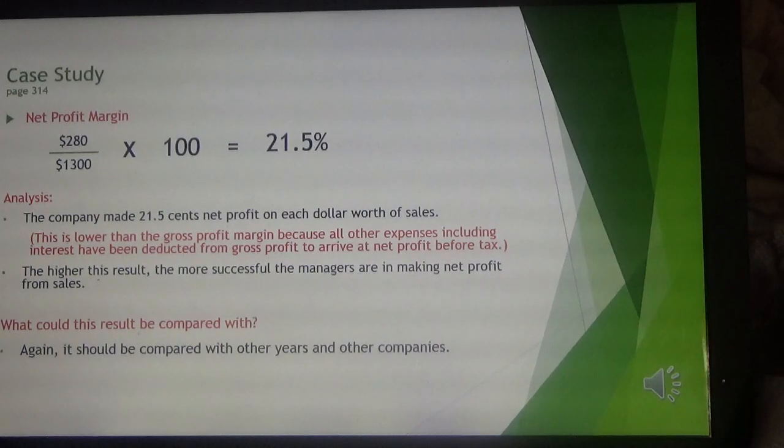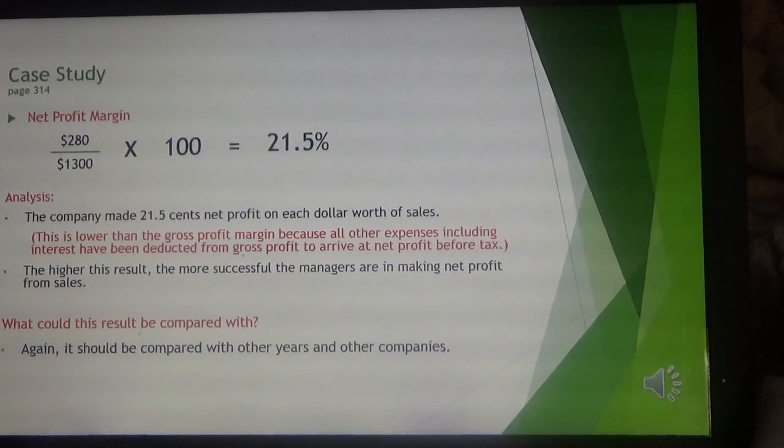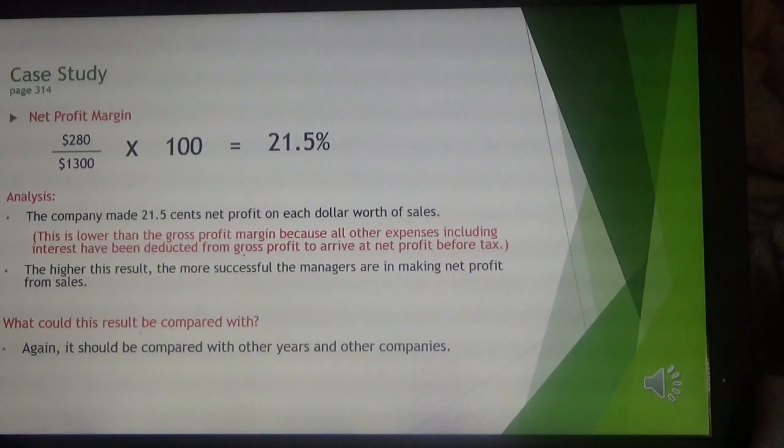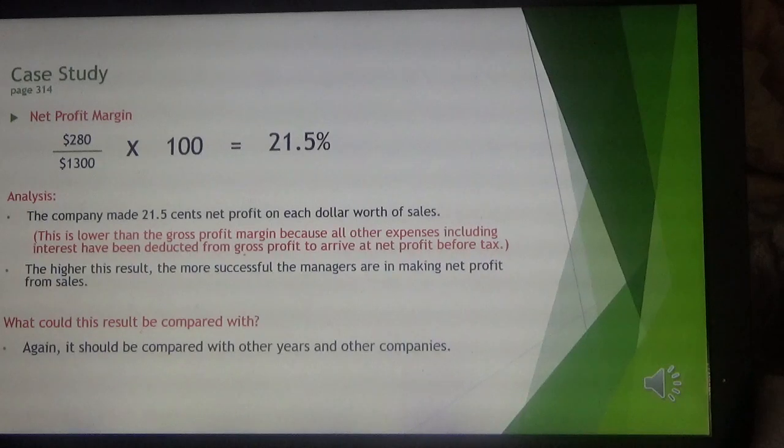So again, it's mentioned here that although we deducted already the expenses from the gross profit, tax will come later. Okay? The higher this result, the more successful the managers are in making net profit from sales. What could this result be compared with? Again, it should be compared with other years and other companies.